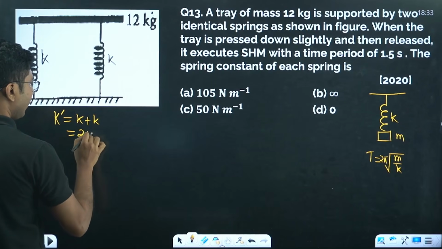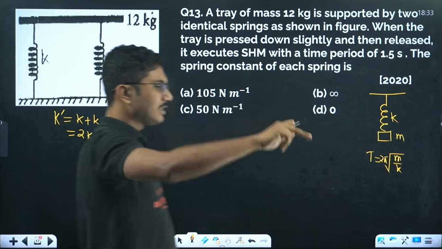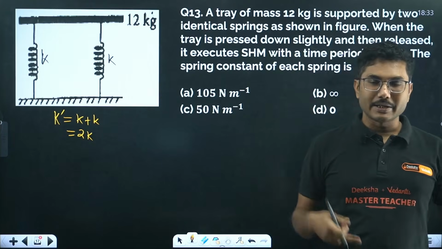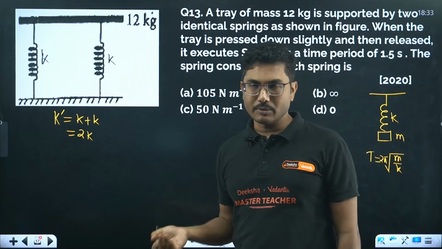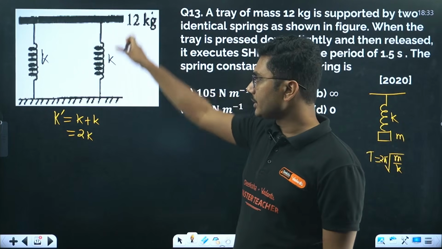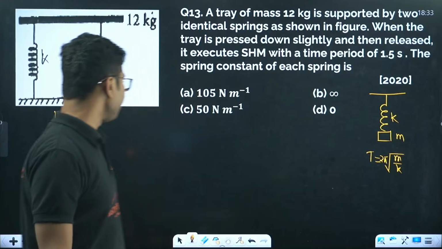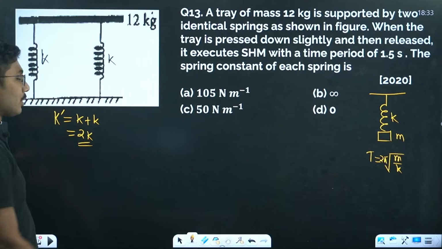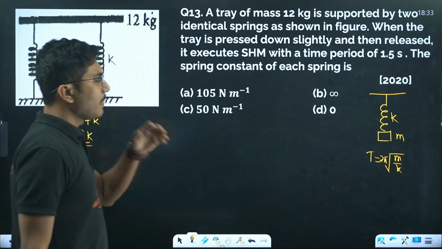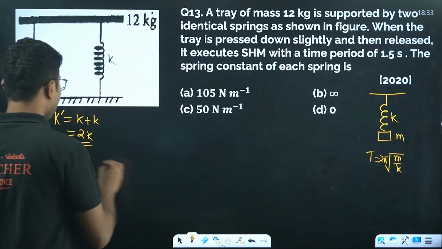Springs behave like a parallel combination of capacitors. Here it is a parallel combination. In series combination it will be 1 by k equals 1 by k1 plus 1 by k2, but in parallel combination it simply gets added. So the total spring constant will be 2k. Now what is the time period then?